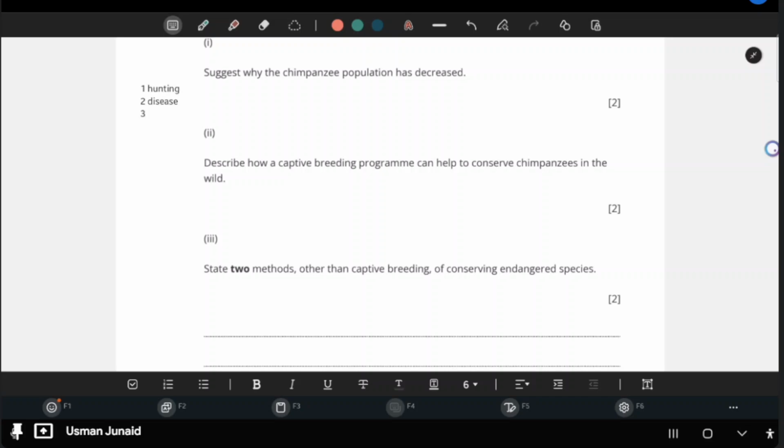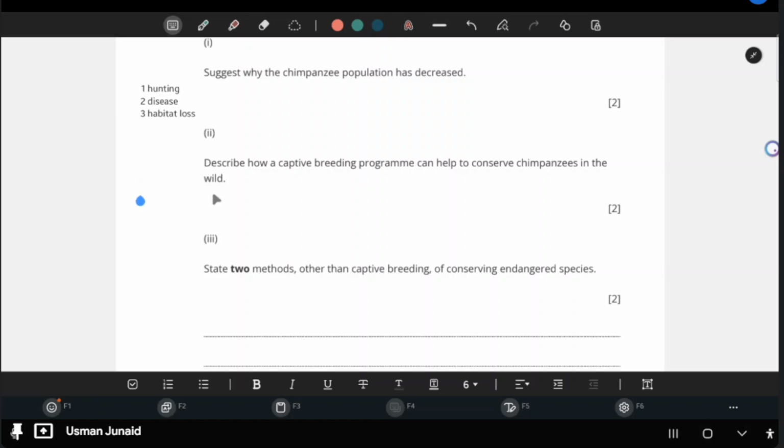Habitat loss. Exactly. Habitat loss is one of the leading causes of endangerment of species. For example, when you have any particular animal species and you remove their living space, obviously they will go extinct.